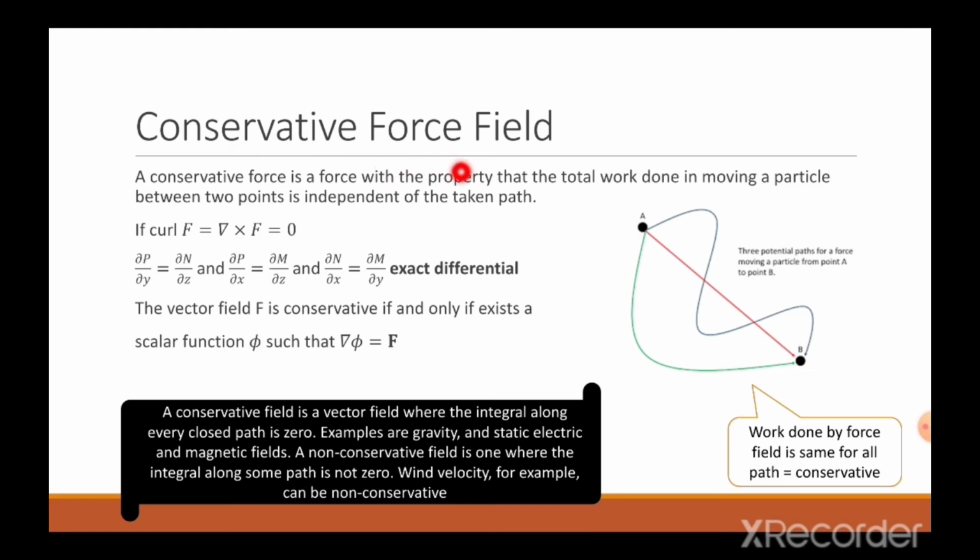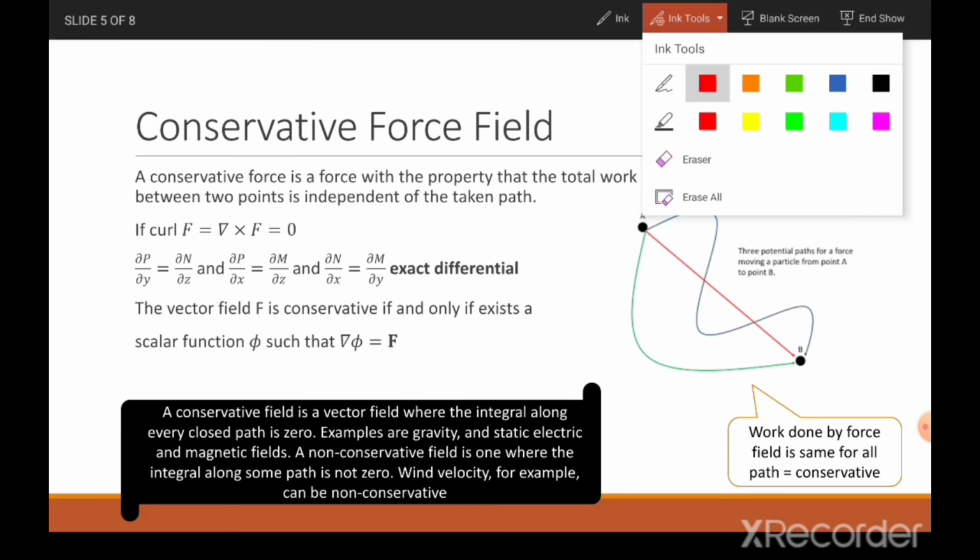So a conservative force is a force with the property that the total work done in moving a particle between 2 points is independent of the path taken. For example, in this one, whether you go by the red, green or blue path, you finally go to the same point, so we call it a conservative force field.